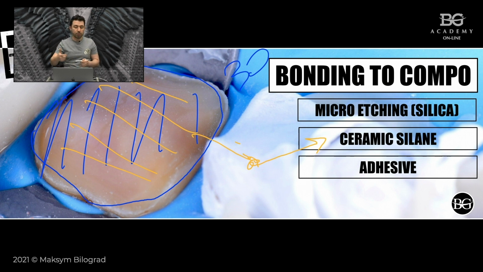You will use it for, let's say, 20, 30, 40 seconds, just because the light curing lamp generates heat. So basically heat accelerates the chemical reaction. And then afterwards you will cover everything with adhesive. Okay, so this is adhesive. And then you will go with your ceramic and resin cement to bond your indirect ceramic restoration.